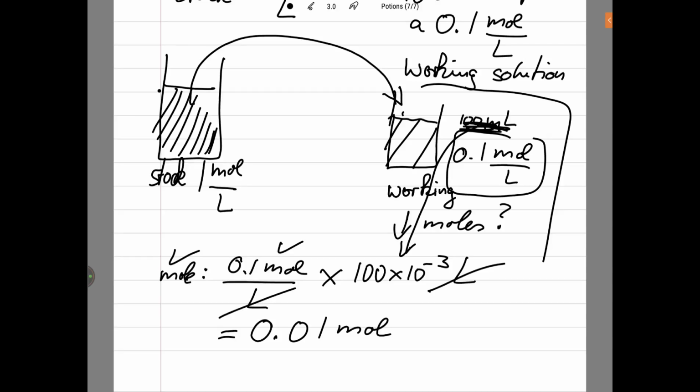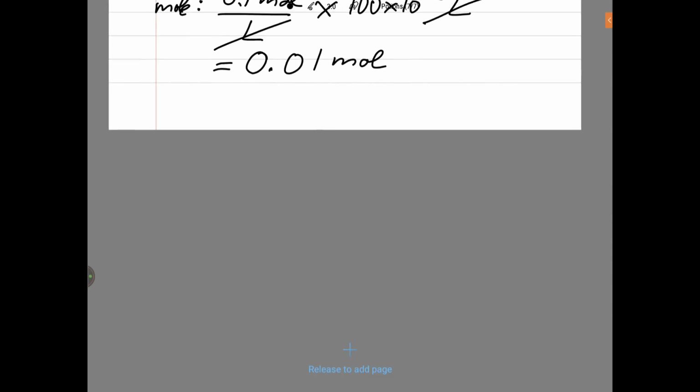It tells me I want to have 0.01 mole. I need to get 0.01 mole from my stock solution and transfer that into the working solution. Make sense? Yeah? Okay.